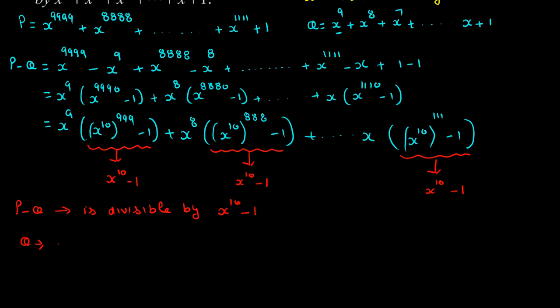So here we can write, now see, here I can write x raised to power 10 minus 1 comes out to be x minus 1 and x raised to power 9 plus x raised to power 8 plus x raised to power 7 and plus and so on.